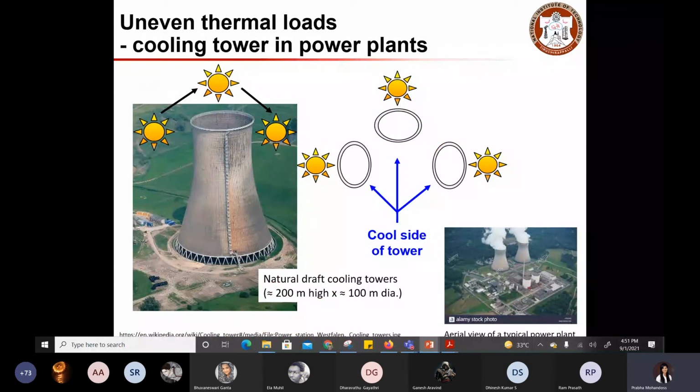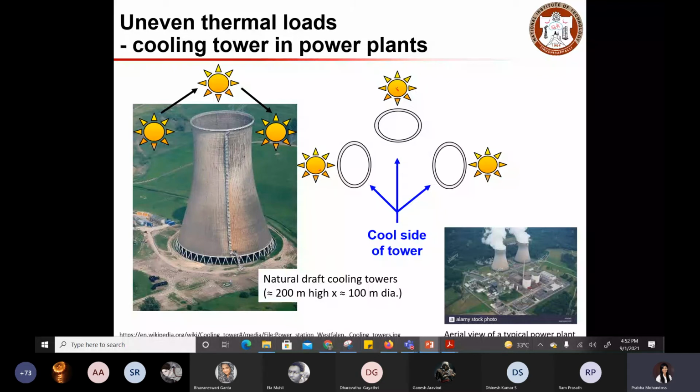And here you can see another example of such thermal issues, which you can observe in power plants, or cooling towers in power plants. You have such a massive structure, and a large surface area is exposed to the sun, and depending on the position of the sun, different parts of this concrete will experience different temperature variation, right?